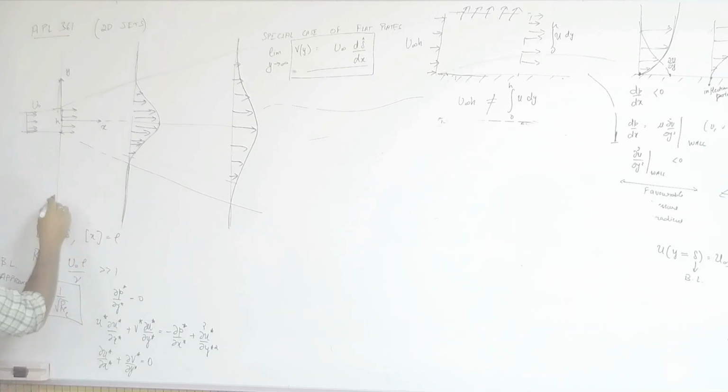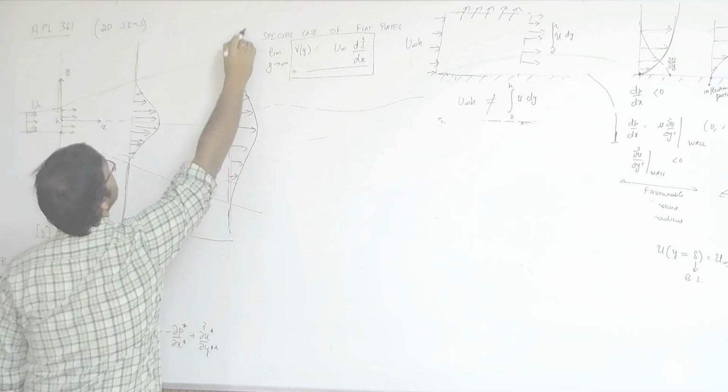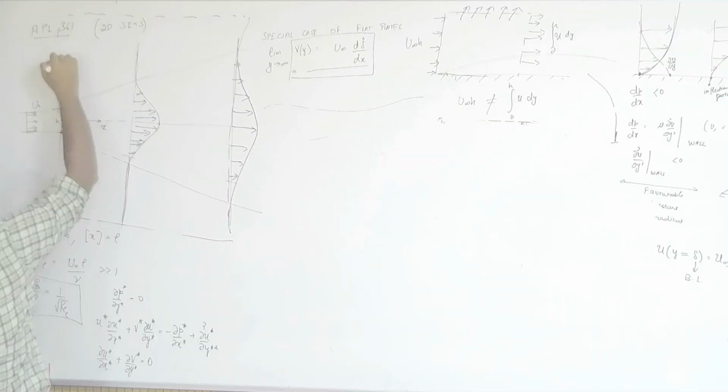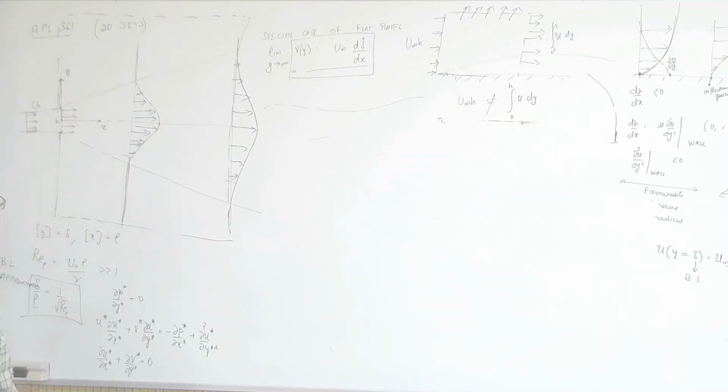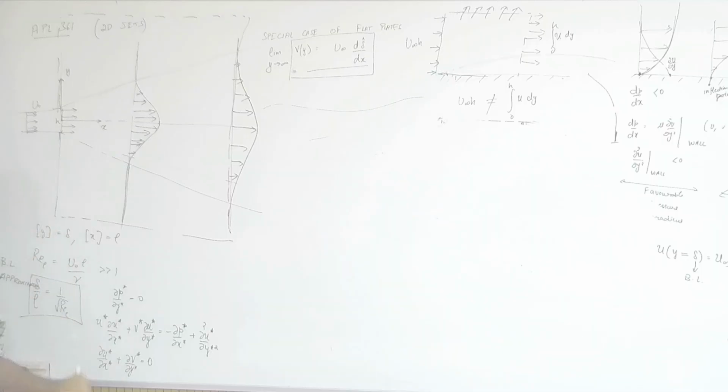Now, one thing that I want to ask you is, let us say I make a control volume like this. Okay, this dashed square that I have made, let us say this is my control volume.